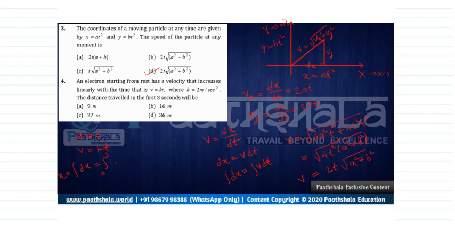Now you have the value of v, which is kt, so you can substitute that: integration of kt dt. k is a constant that you can take outside the integration, and the integration of t dt will be t square by 2. Finally you can write it as k t square by 2 with the limits 0 to 3.